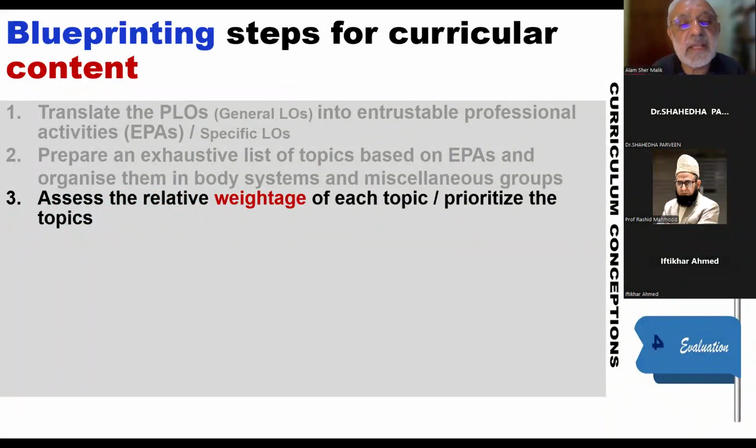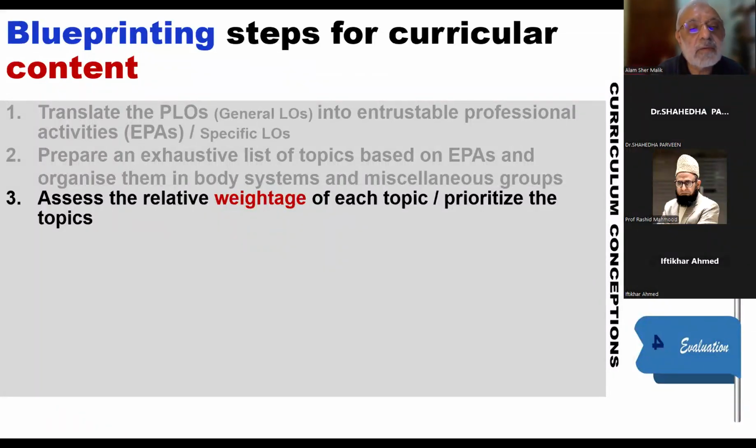Then assess the relative weightage of each topic. This would be a very important step, and we will explain it in detail. So once we have an exhaustive list of topics, of course, we cannot cover everything. So then we have to choose or identify the most relevant topics.